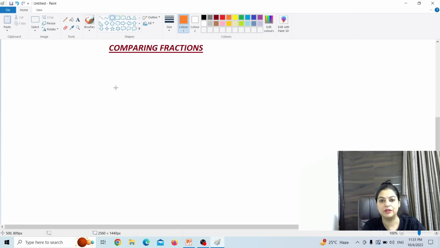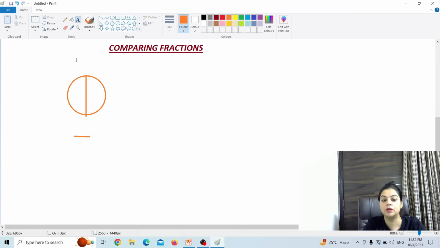So now we are doing comparing fractions. So just imagine you have a pizza. Okay, you ordered a pizza, and when you were buying the pizza, the chef had cut the pizza like this. Okay, from the middle. So how many parts are there?